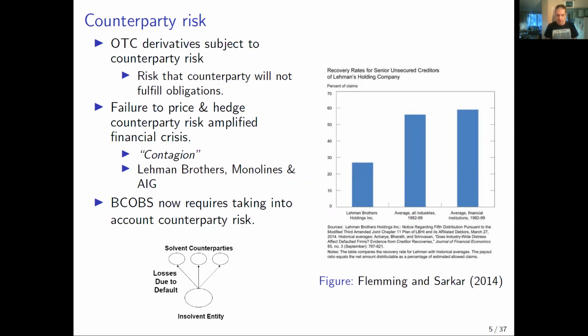So for example, it may be that you and I enter into a financial contract that says that for the next 10 years, you will continue to pay me some rate that's determined by some formula based on market observations. But maybe 5 years into this 10-year contract, you go bankrupt. Then, even though the contract says that I should continue to receive payments from you for the remaining 5 years, I do not in fact receive those payments because your corporation has gone bankrupt, so you're not around to make those payments.